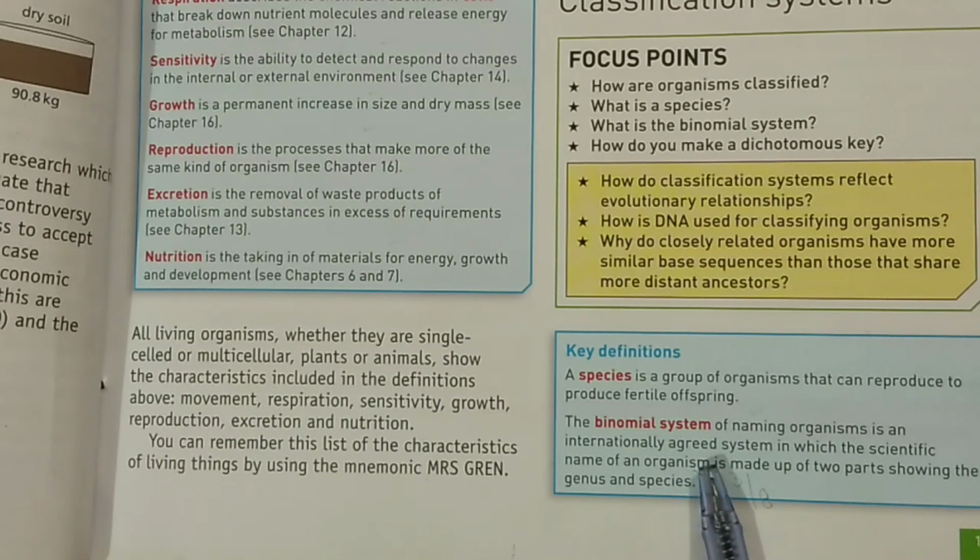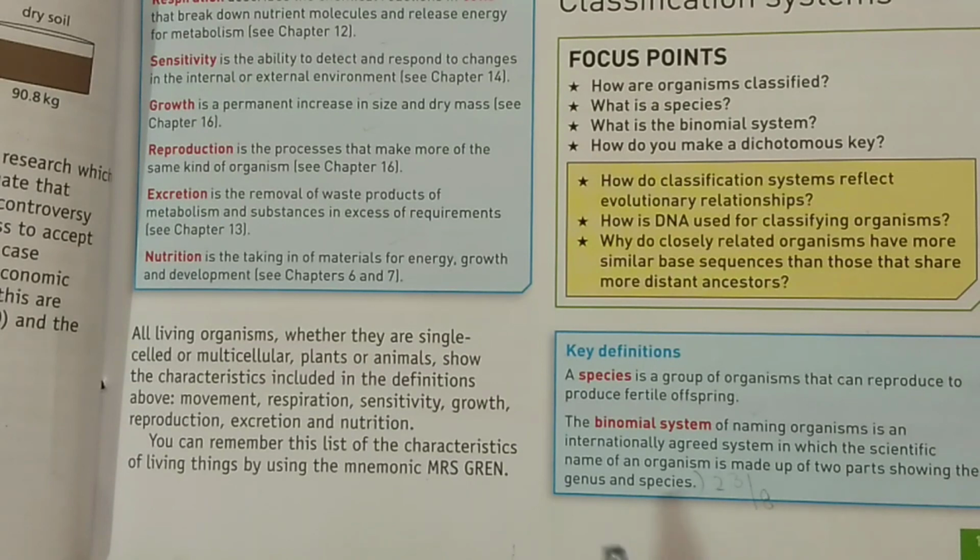The binomial system, which is also known as the naming system, is the internationally agreed system in which the scientific name of an organism is made up of two parts showing the genus and species. Genus and species, these two parts in the binomial system, are very important.